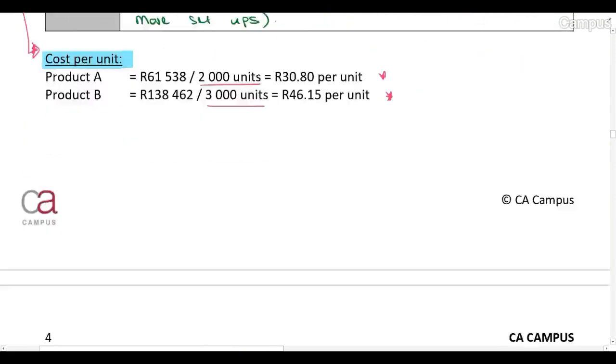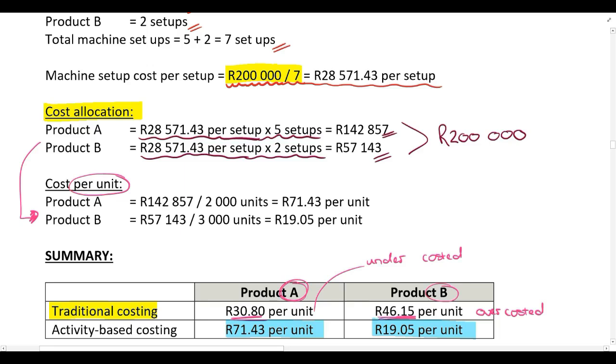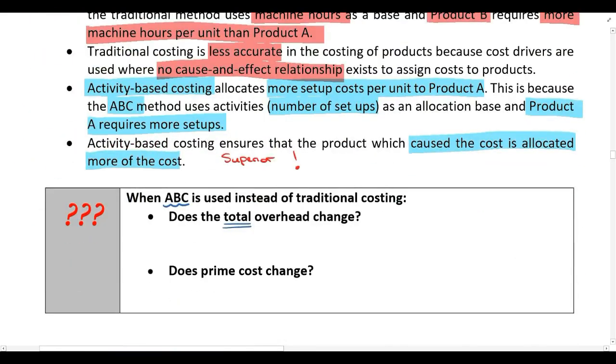And with activity-based costing, I also had a total cost of 200,000 Rand. Does your total cost change? No. The cost in total does not change, but the apportionment between the products, that's what changes. Okay, so does the total overhead cost change? No. Only the allocation between the products changes.